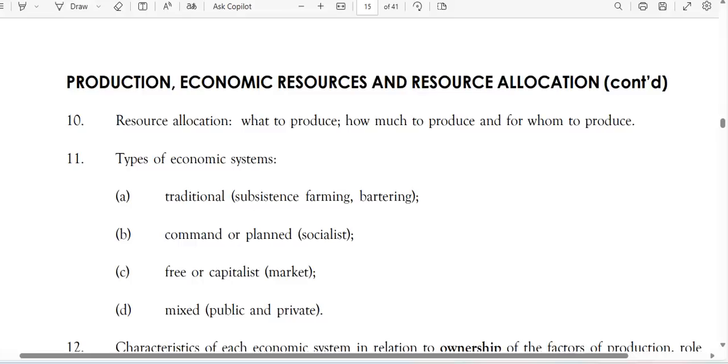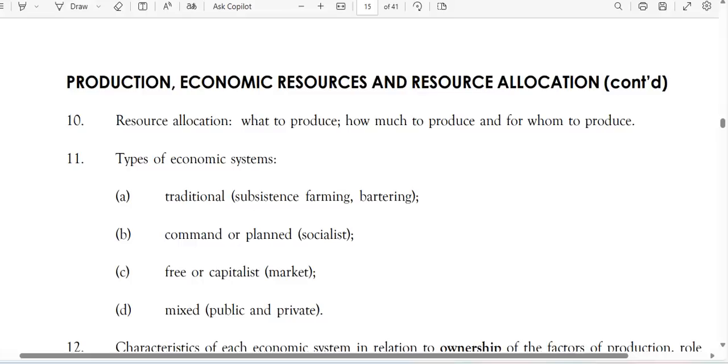Now, resource allocation is the process of deciding how to use limited resources, such as land, labor, capital, and entrepreneurship, to produce goods and services in a way that best satisfies the needs and wants of society. Now, since resources are scarce or limited, every society must answer three basic economic questions.